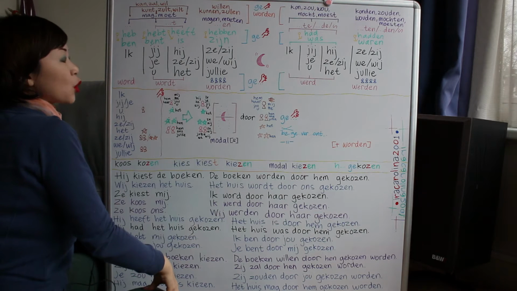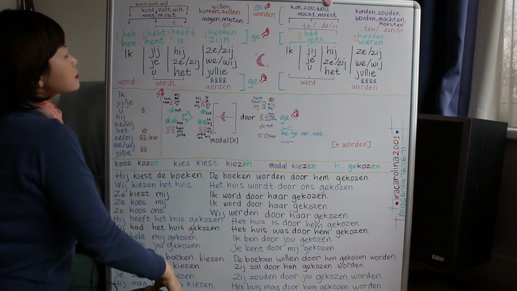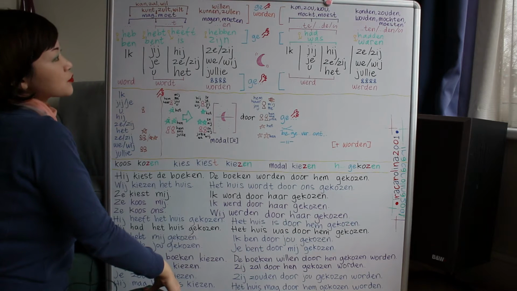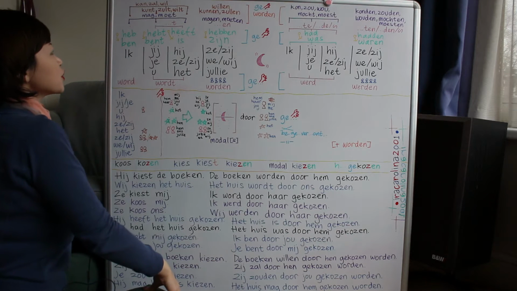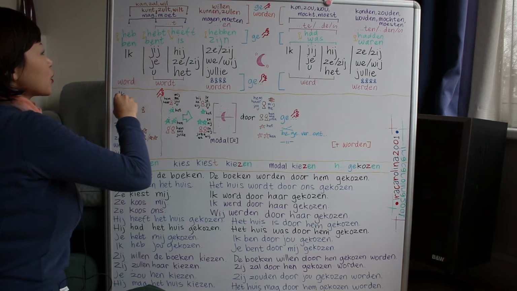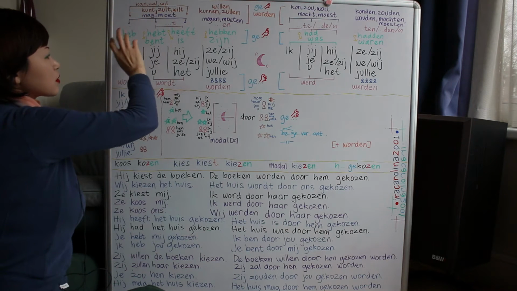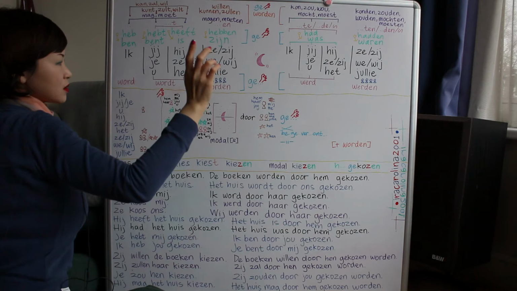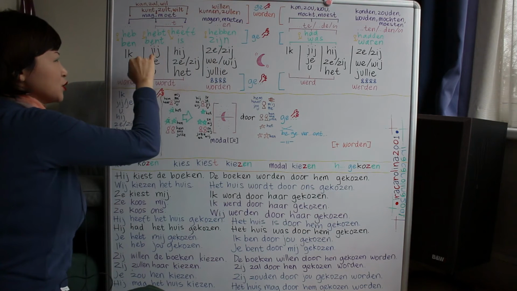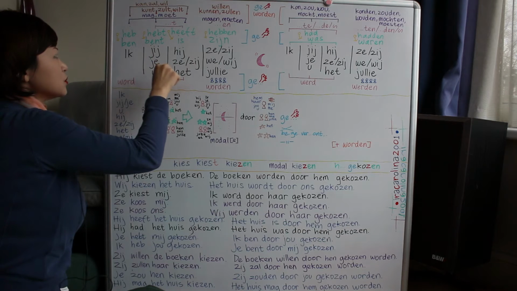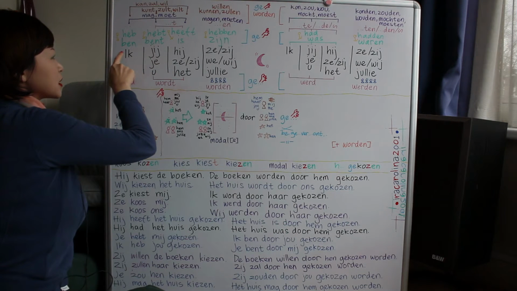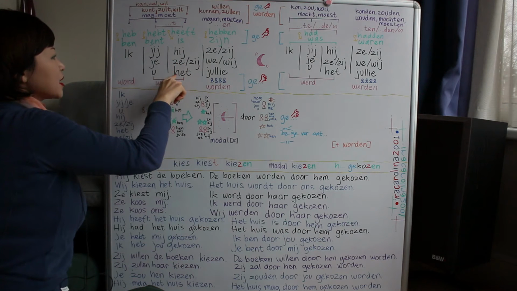And we also have modals. They have 2 regulations with present time. We use this one first for a subject that consists of one, but with an exception for you, jij, je, u. So it's used for ik, hij, ze, zij, het.